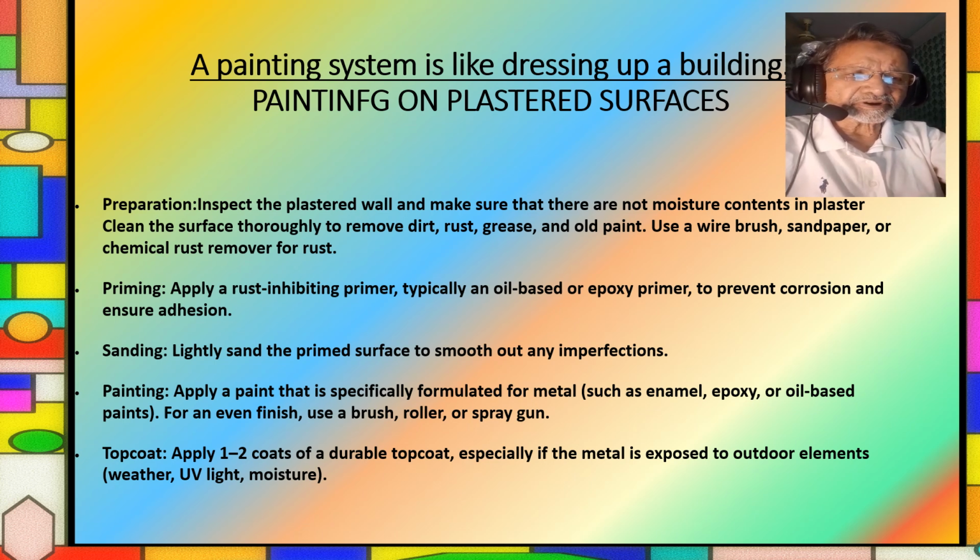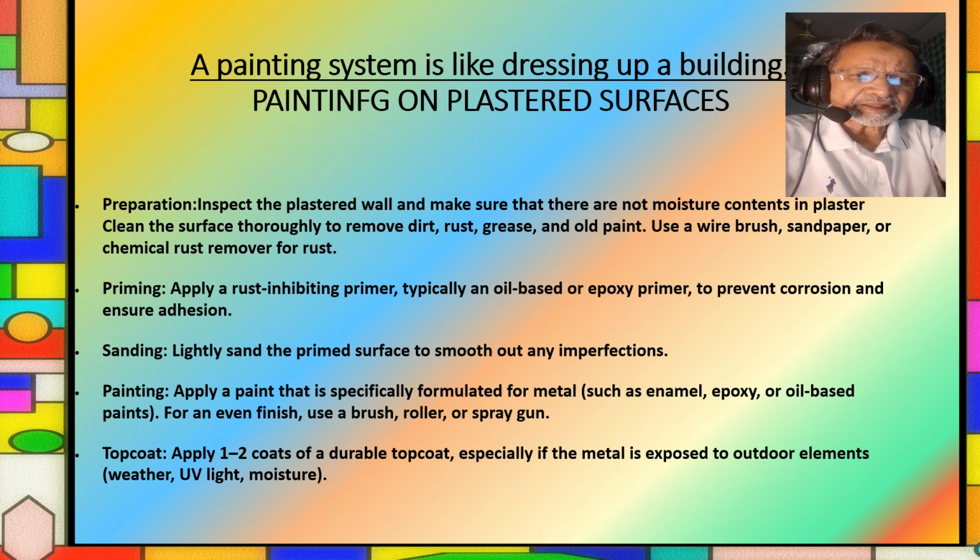Using a roller or paintbrush, apply the first coat of paint evenly over the entire surface. Let the first coat dry and then start the second coat. Apply additional coats if required as per the surface and the requirement.